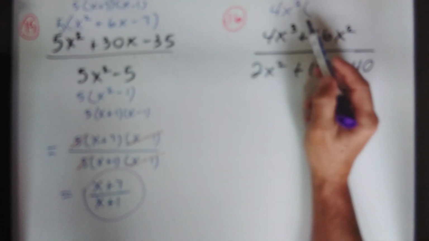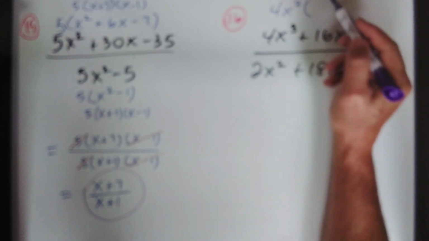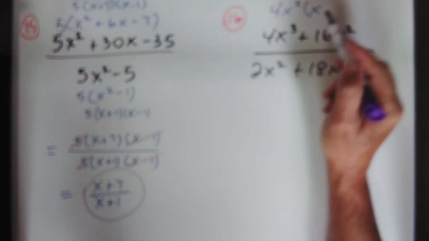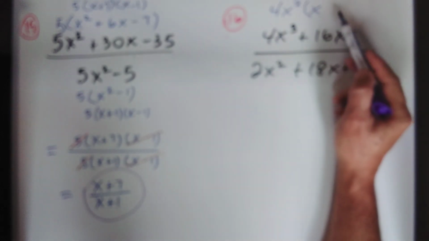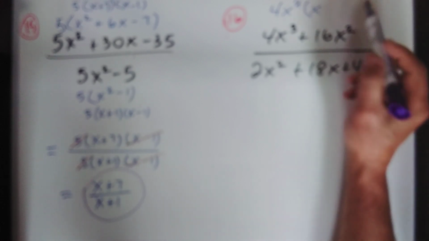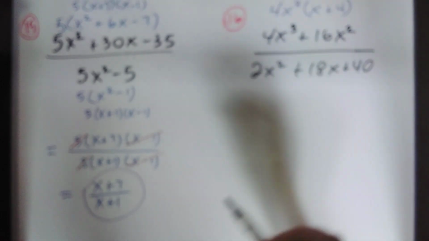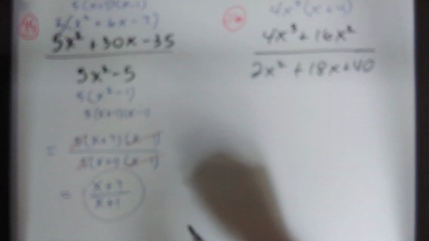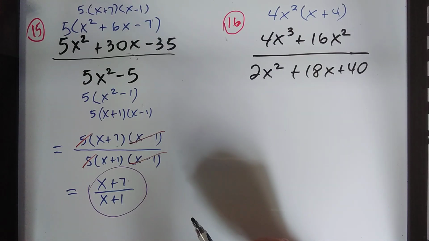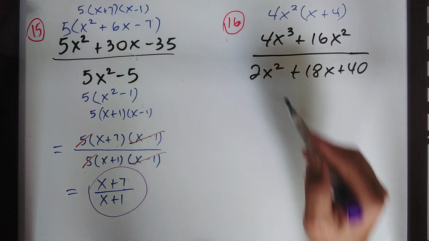Open parentheses. x squared times what gives you 4x to the third? That has to be x. And x squared times what gives you 16x squared? That has to be 4. That's all I can do as far as the numerator goes. I'm going to try to factor the bottom one.